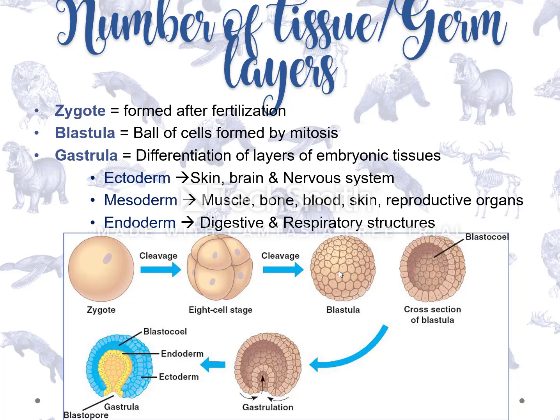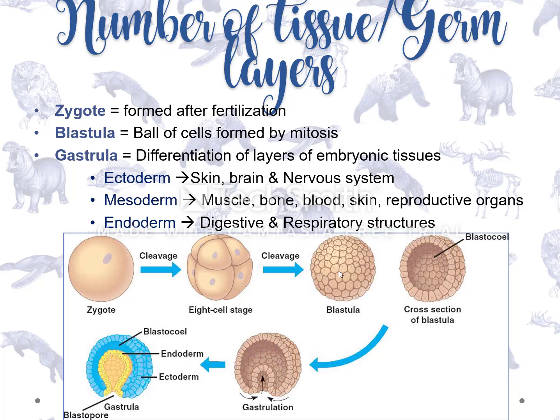And when it grows into a ball of cells, that ball of cells is called a blastula. That blastula becomes 4 and then 8 cells and so on. That ball of cells that keeps dividing and then specializes is called a gastrula.